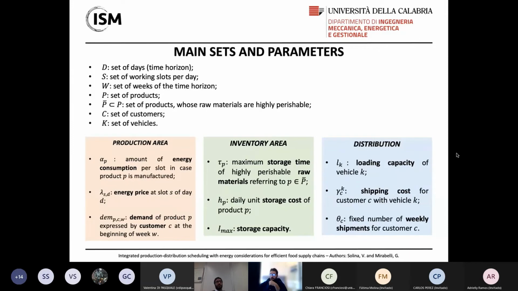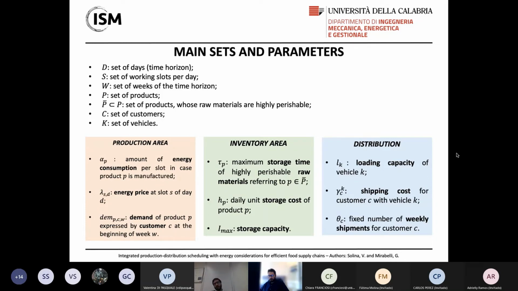What about the model? The model is quite complex, but in this slide I tried to show the main sets and the main parameters of the model. We have a well-defined, specific time horizon, then a set of weeks divided into a set of days, and each day is divided into a set of working slots.